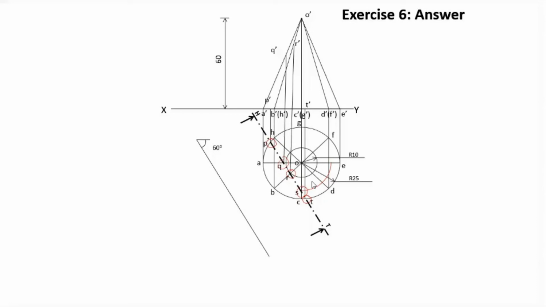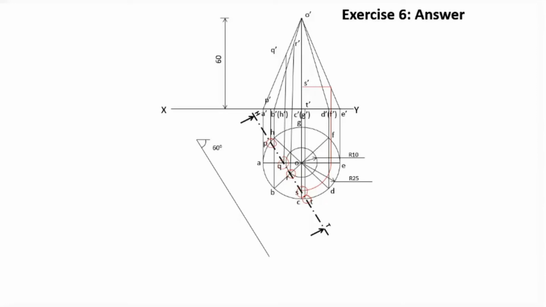Then from that point we project to the projector of O dash E dash, the front view. And from this point we draw a horizontal line. Now this point will be our S dash. So this is the point S dash.